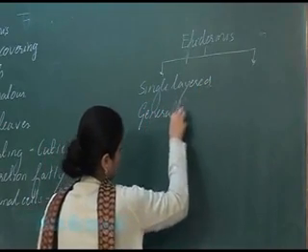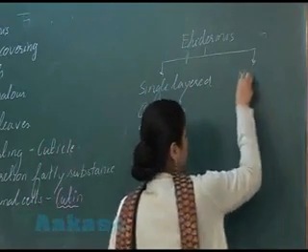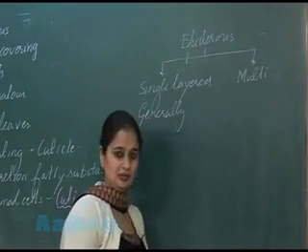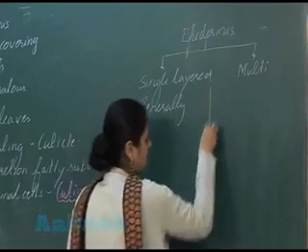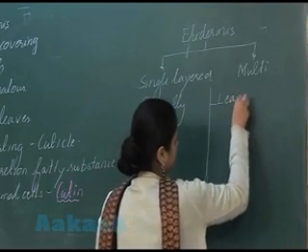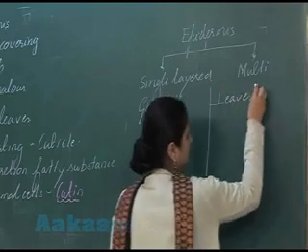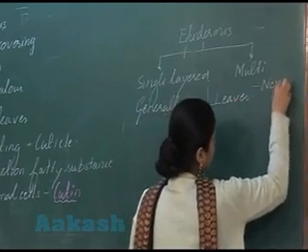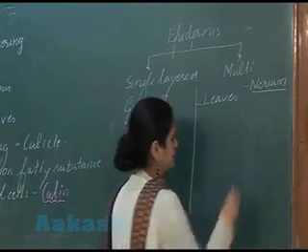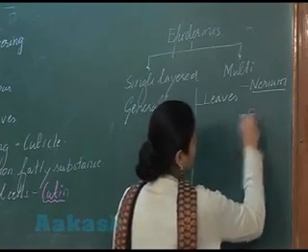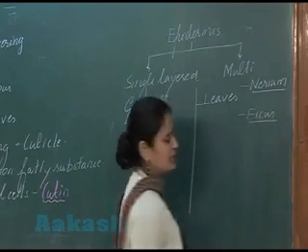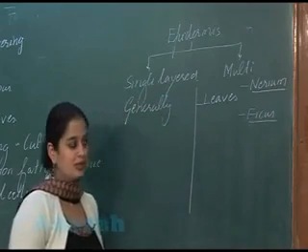But in some cases, the epidermis can be more than one layer, multi-layered. The multi-layered epidermis is seen in leaves of Nerium, the common name is oleander, and banyan tree, the scientific name is Ficus.